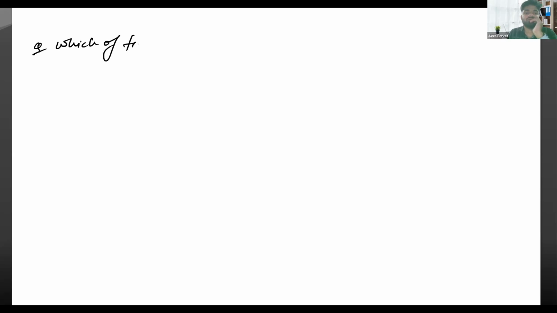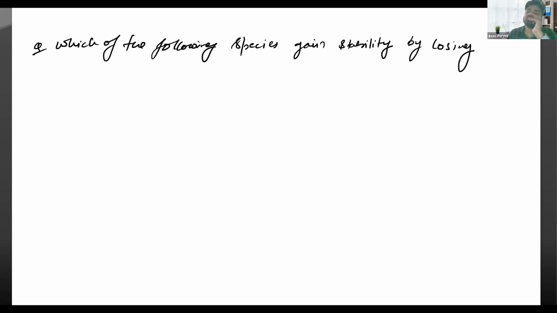Which of the following species gain stability by losing one electron? The options are A, B2, B, N2, C, O2, and D, H2. Which will gain stability by losing one electron?